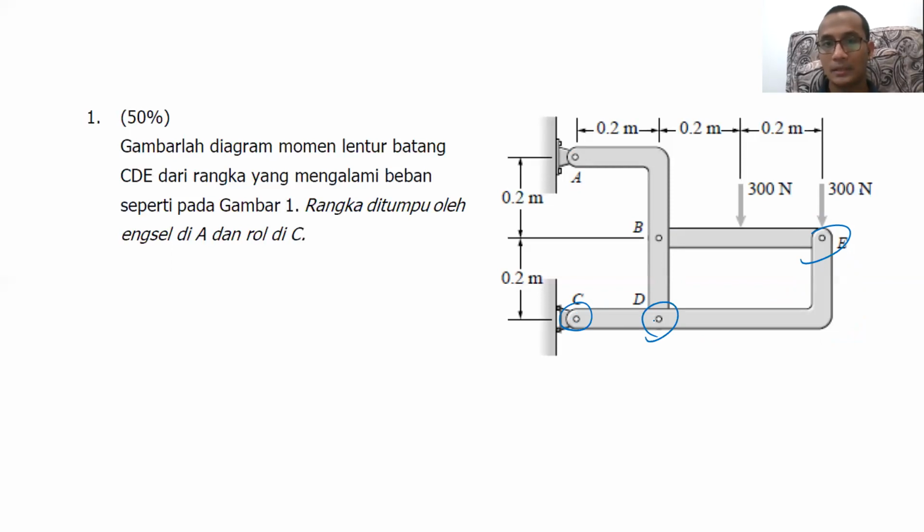Because at D there is a pin, it's supposed to be DX and DY as well. And at C, because there is a roller, it's supposed to be CX only. But remember, with one free body diagram, we can only solve for 3 unknowns. In this case, we have 5, so we will not be able to solve it directly. That's the first problem.